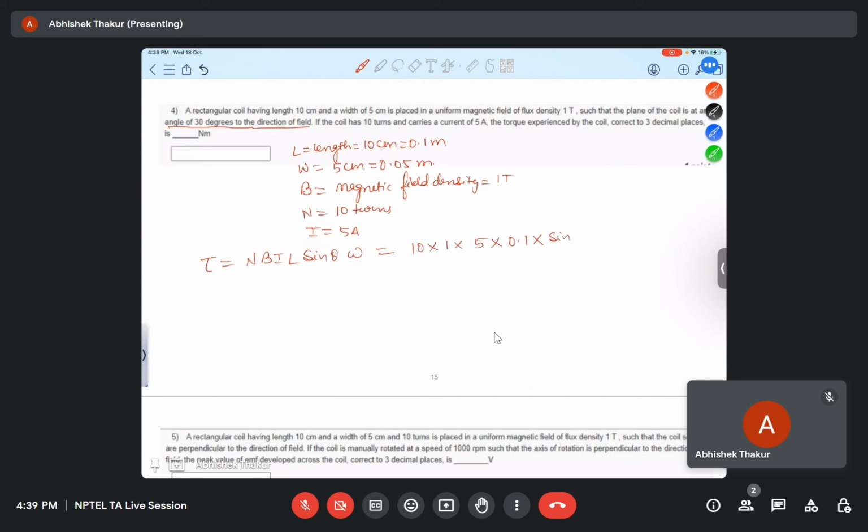So sine 30 degrees into width 0.05. This will be 5 by 2 into 0.05. So the answer will be 0.125 Newton meter.